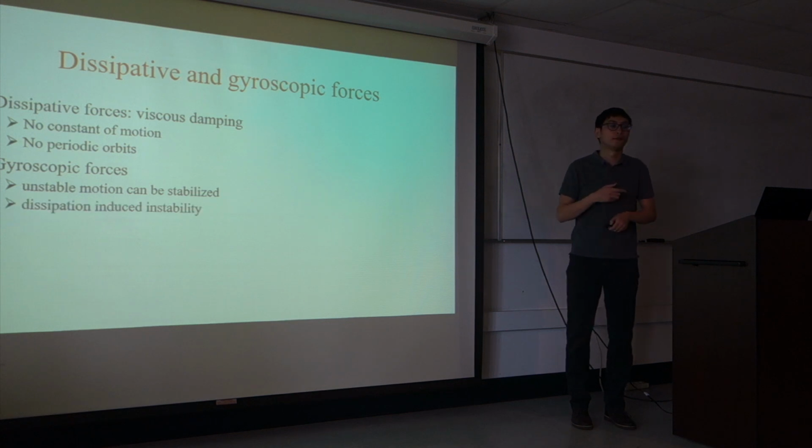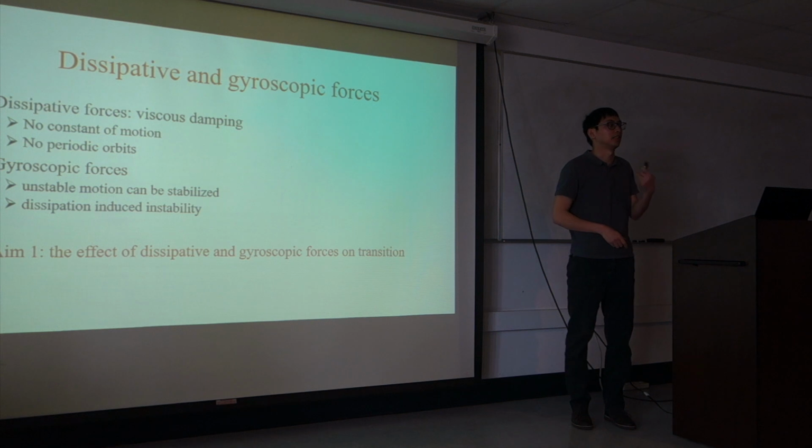And then, if we introduce dissipation to such a system, the stable motion becomes unstable, no matter how small the dissipation is. So the first topic, I want to study the effect of dissipative and gyroscopic forces on the transition.